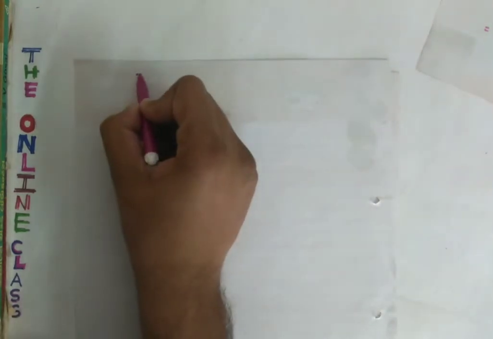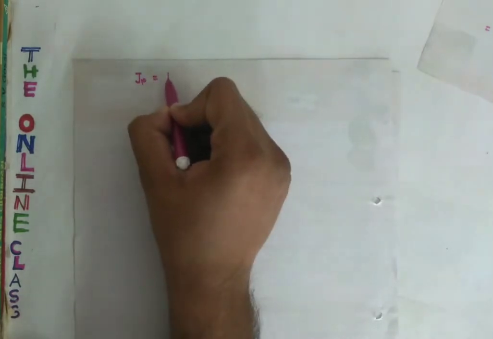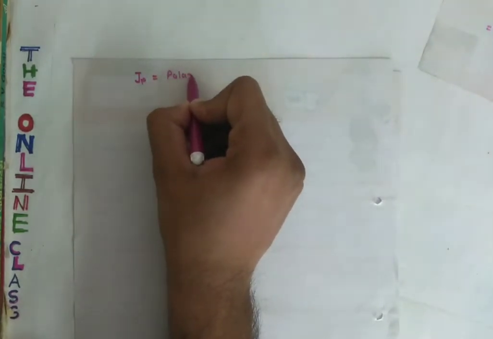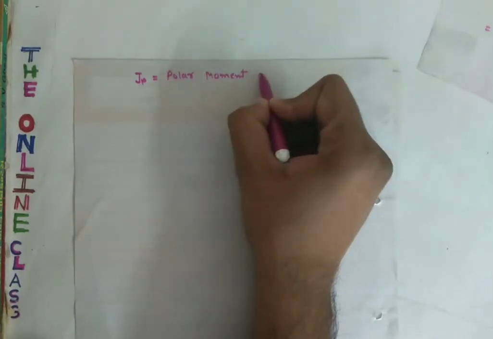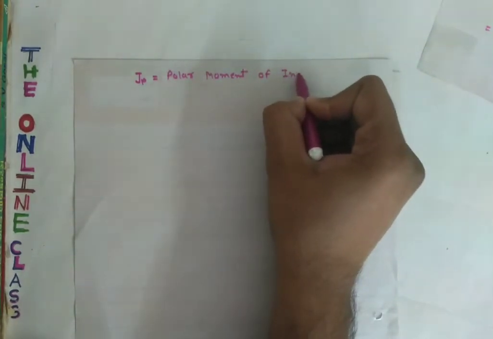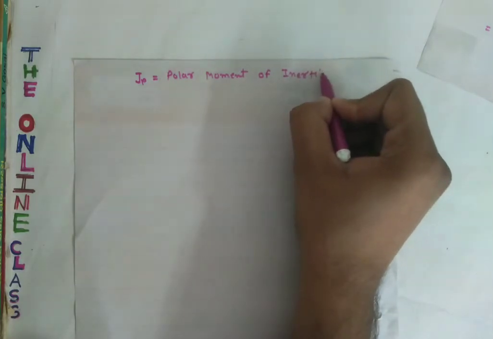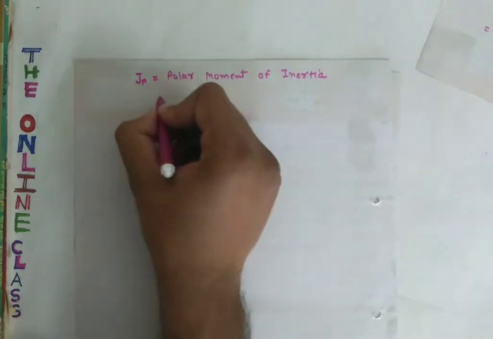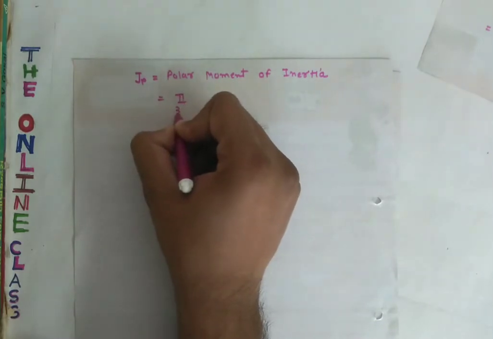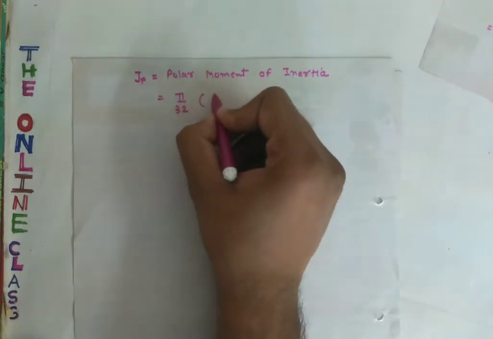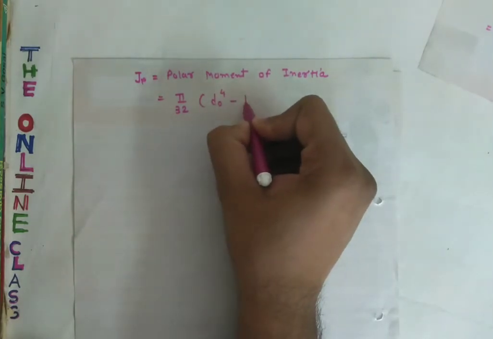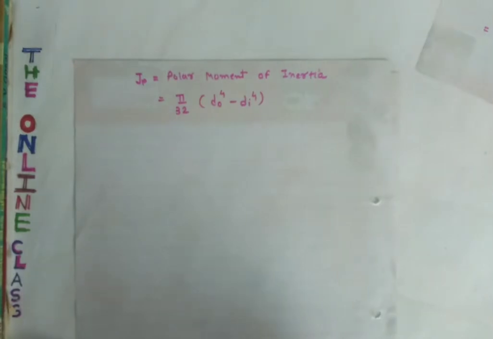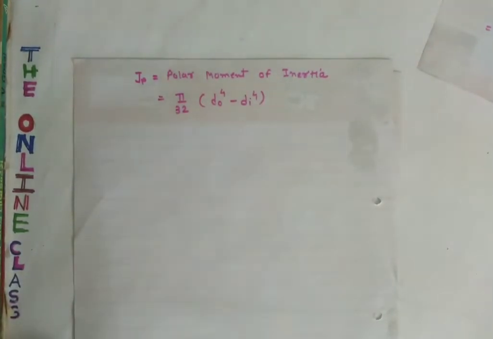Then JP is our polar moment of inertia. JP for a hollow shaft is pi by 32 into bracket DO raised to 4 minus DI raised to 4.